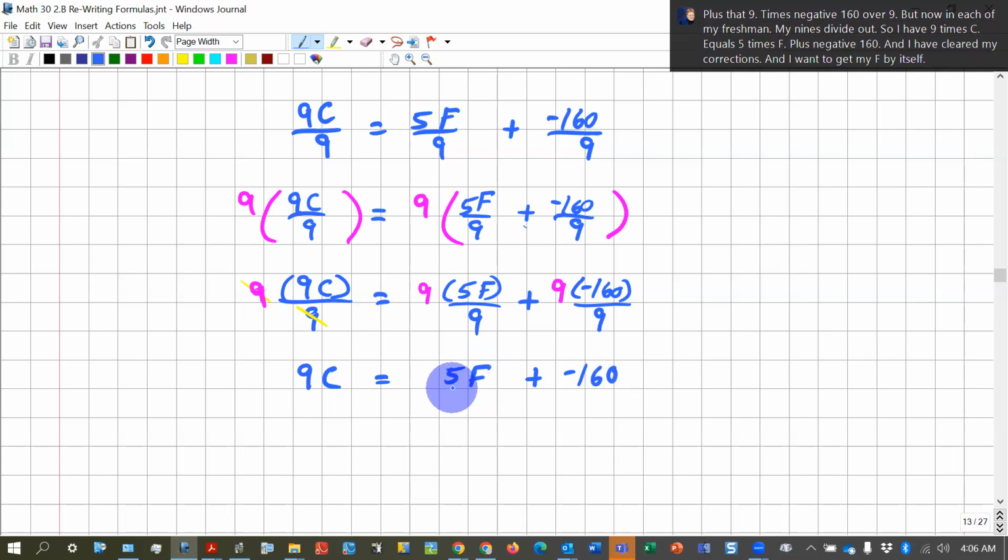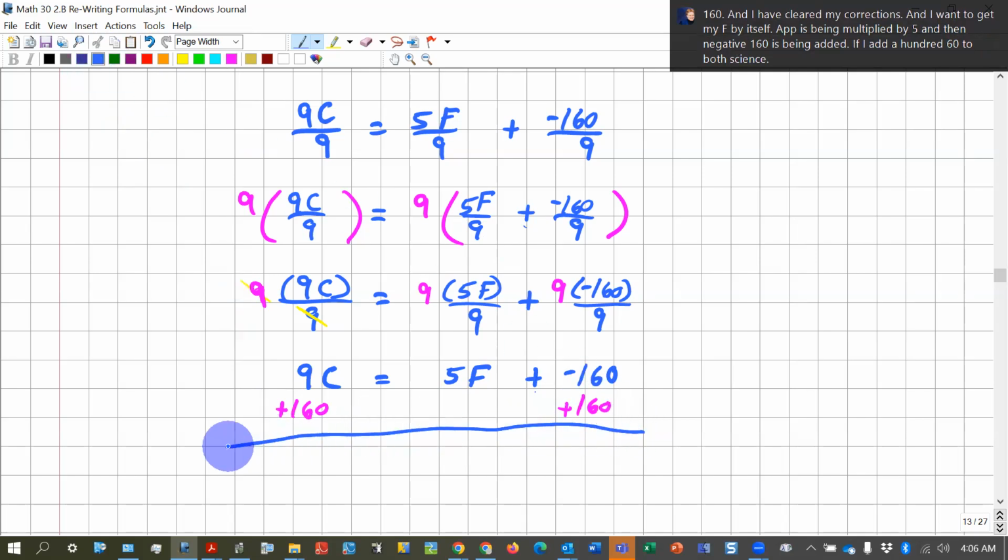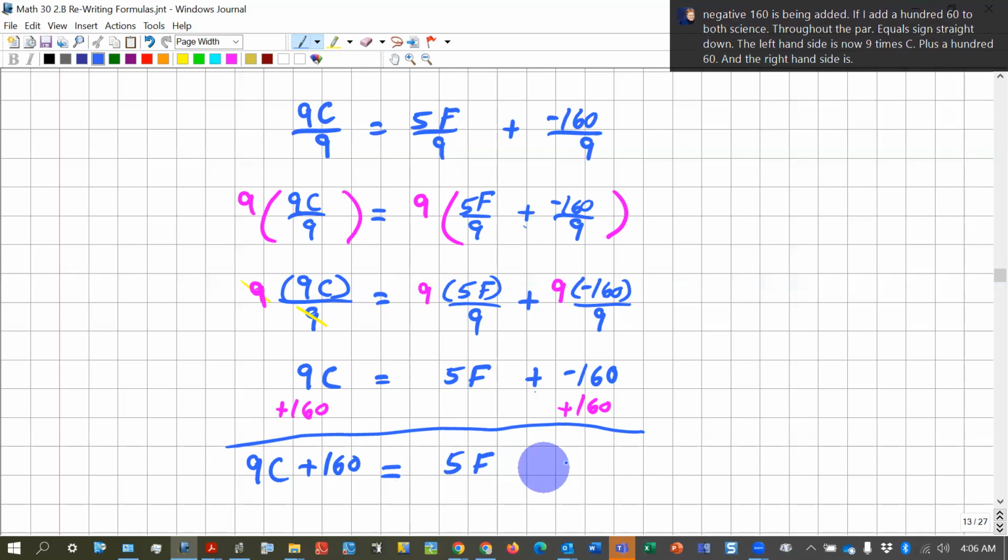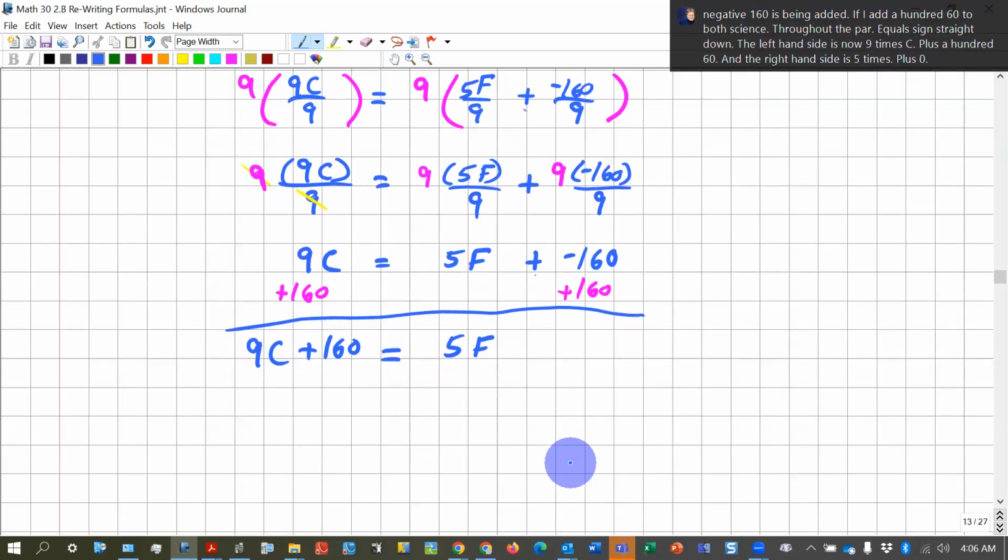F is being multiplied by 5, and then negative 160 is being added. If I add 160 to both sides, draw the bar, equal sign straight down, the left-hand side is now 9 times C plus 160, and the right-hand side is 5 times F plus 0.